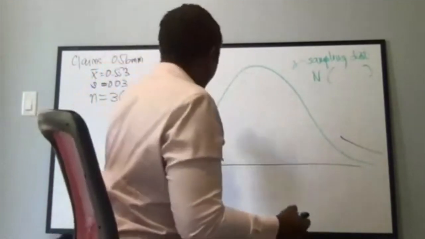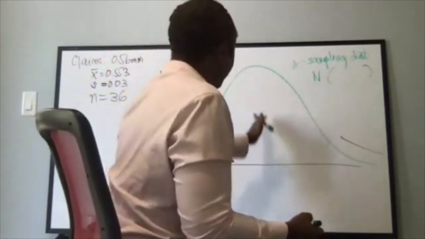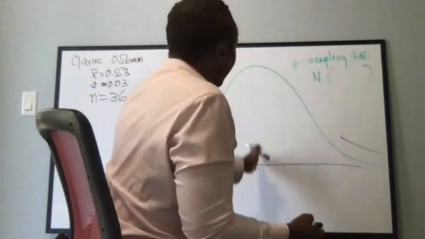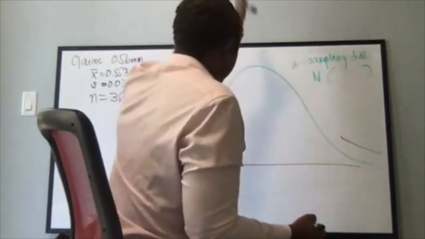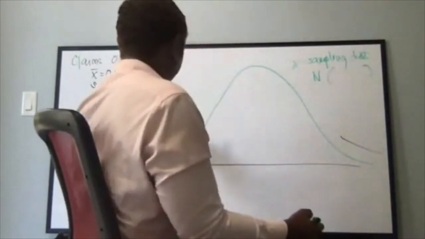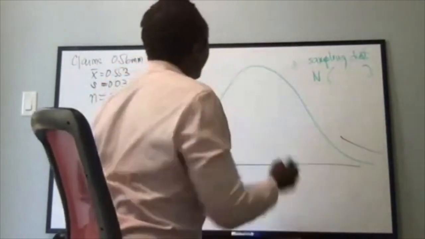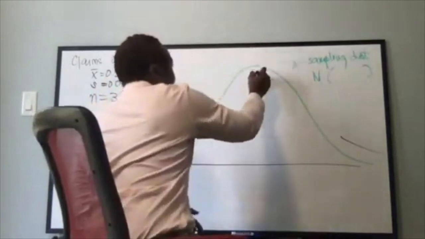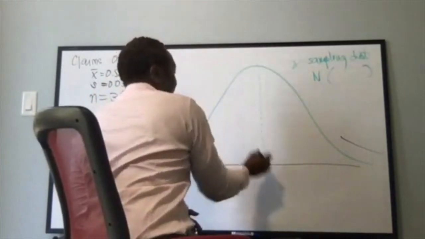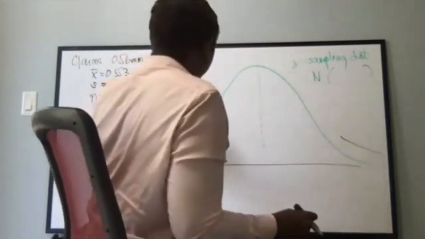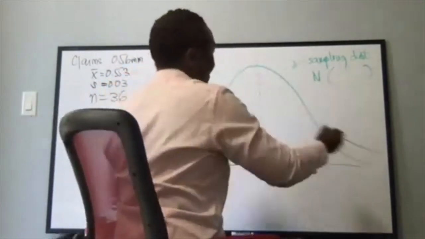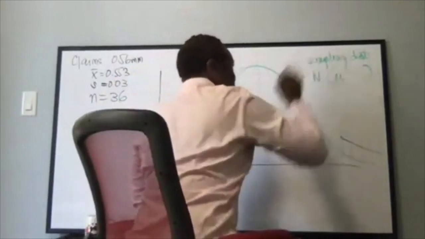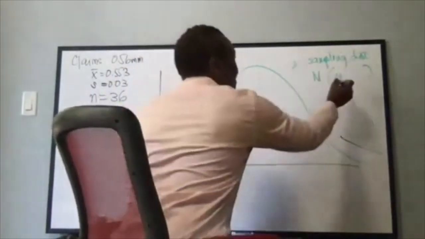So if you look here, the mean of this thing is always going to end up the mean of the population, right? You can't really see this black part anymore, but we're going to assume that the middle here is going to line up with the middle of this black distribution that I erased. So I'm going to say this is mu sub x bar.